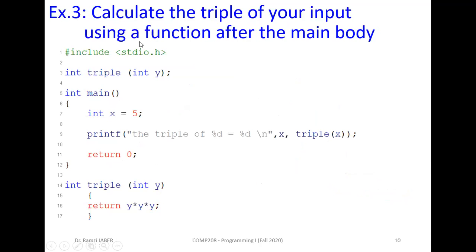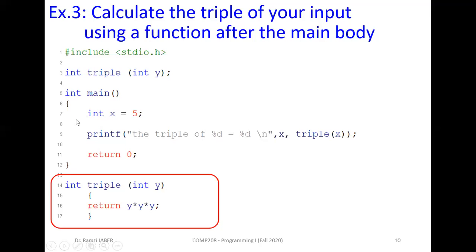the same example using a function after the main body. The difference is our function is after the main body. After return 0 braces. After. This is the same function after the main body, but in this case we need to declare it first.